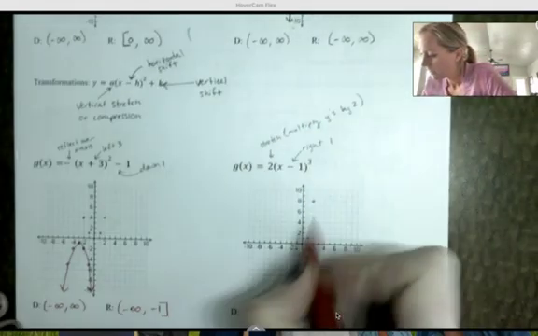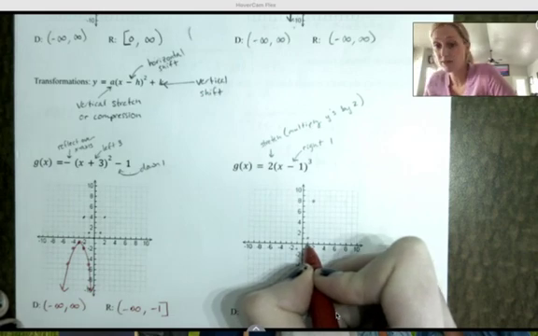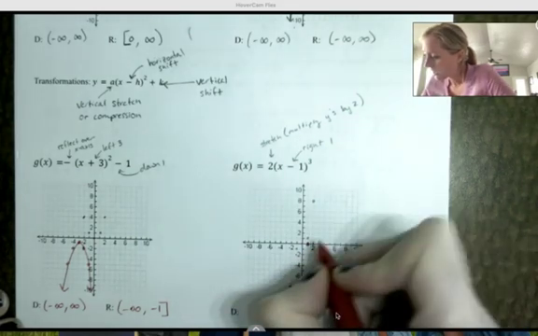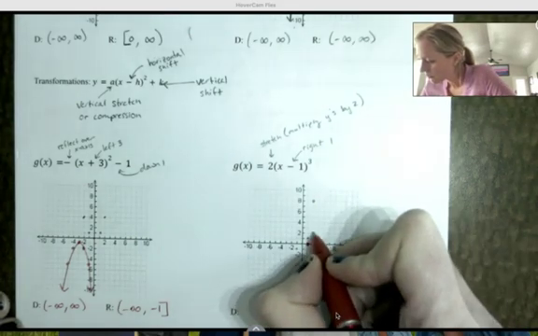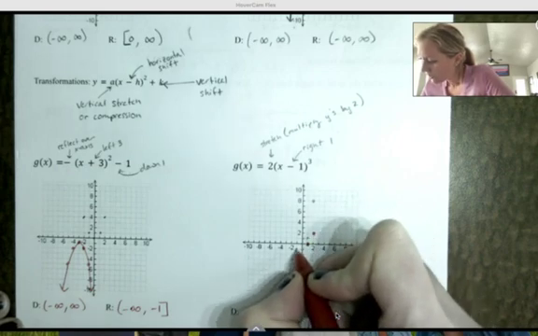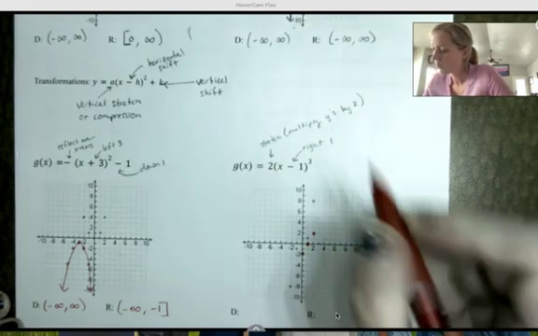Okay, so let's do this. So 0, I move right 1. My y value there is 0, multiplied by 2 is still 0. Okay, right 1, multiply by 2. So right now it's at 1, multiplying by 2 will move it up to 2. This point, right 1, I'm at -1 for the y value, so multiplying by 2 makes it -2.